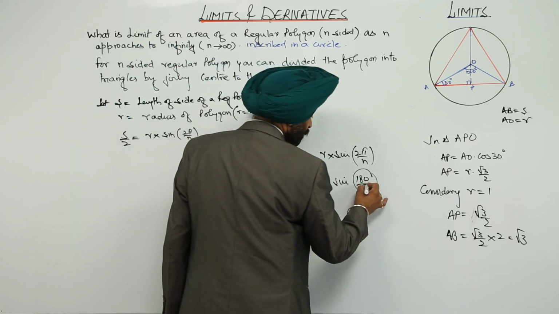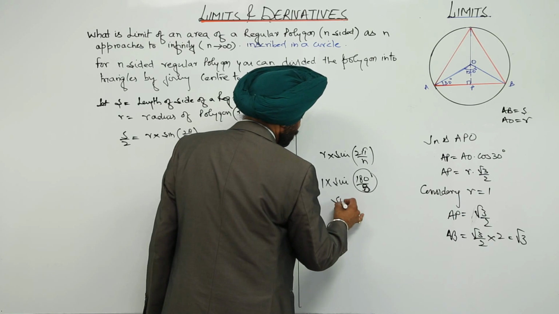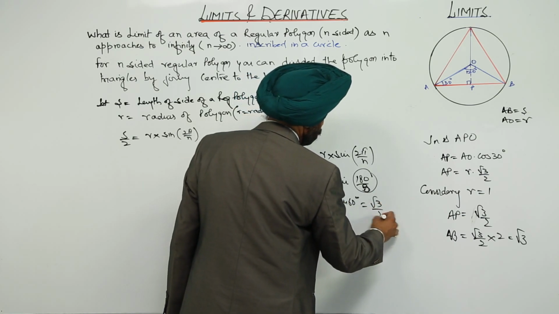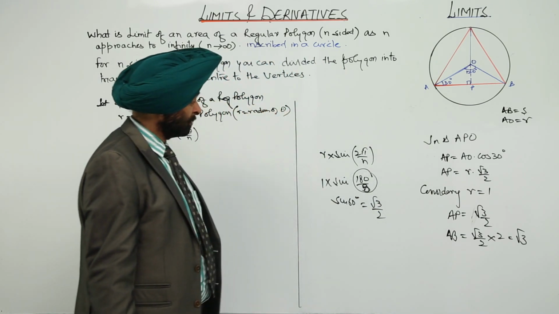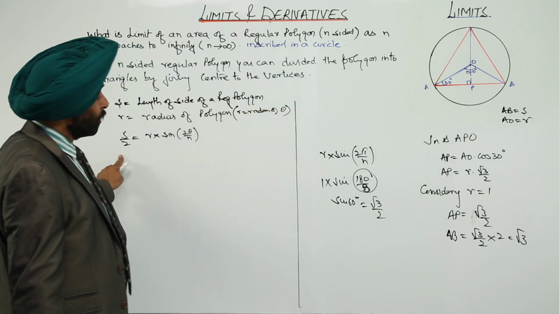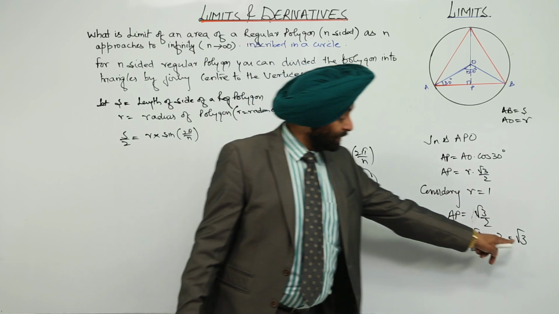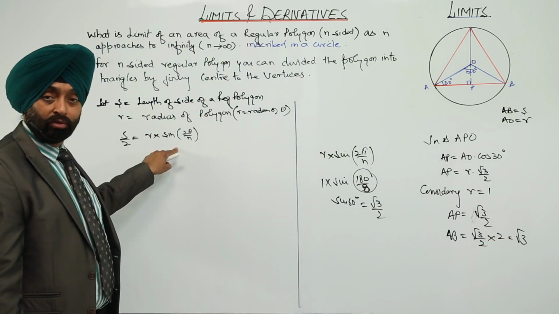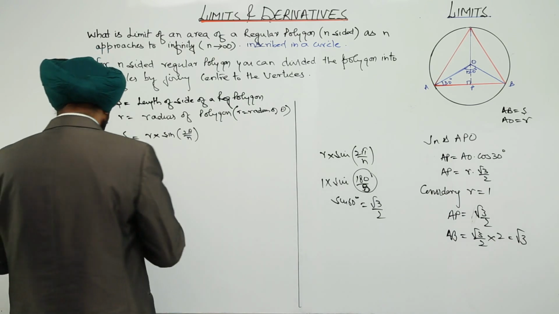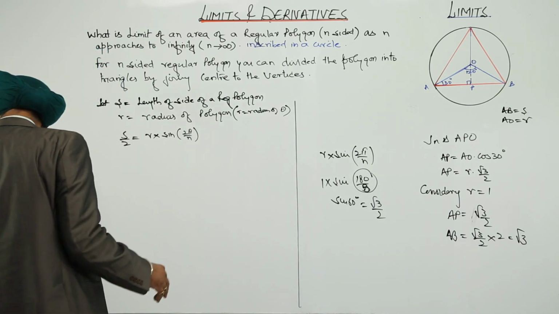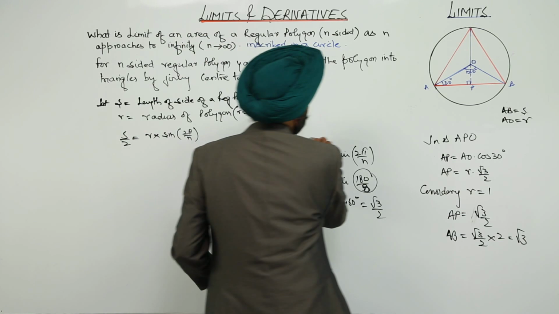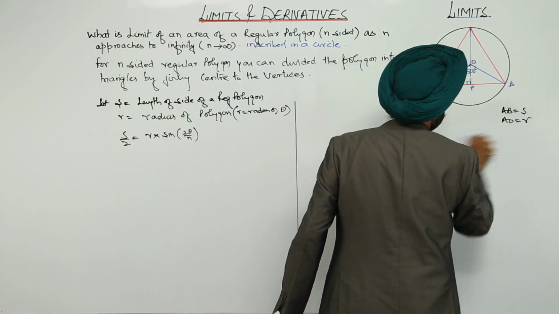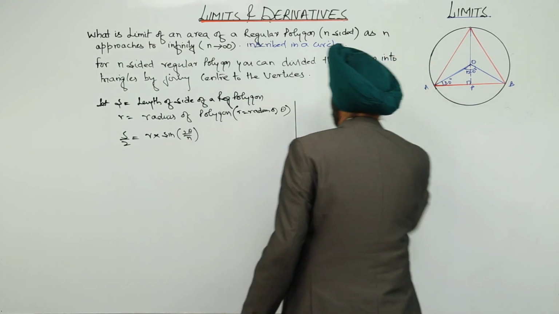Okay. So we are putting n as 3. Now this becomes sine 60 degrees. Sine 60 degrees is equal to what? Root 3 by 2. Okay. So S upon 2, S was root 3, so root 3 upon 2 is equal to root 3 upon 2. Is it clear? So this was the thing which I just wanted to explain, for why I have taken S upon 2. Is it clear?